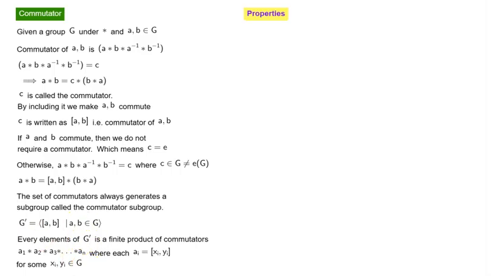Now let's look at the properties. G prime is always a normal subgroup of G. The inverse of the commutator of A and B is equal to the commutator of B and A. The quotient group G by G prime is abelian.